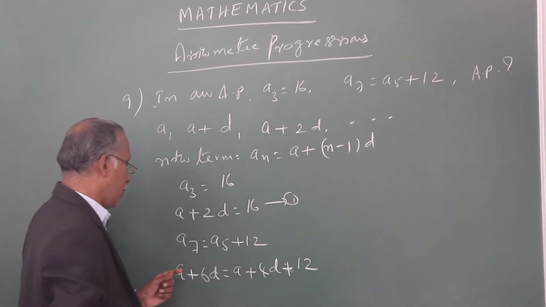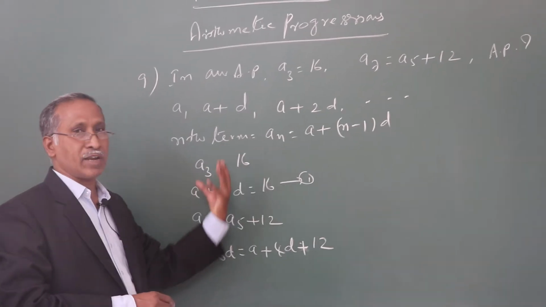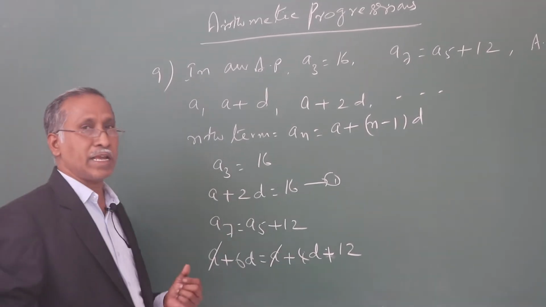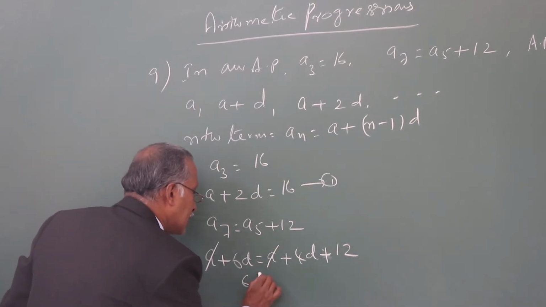Now, let us simplify this. If I transpose A to the left hand side, it becomes minus A, so that plus A and minus A get simplified.